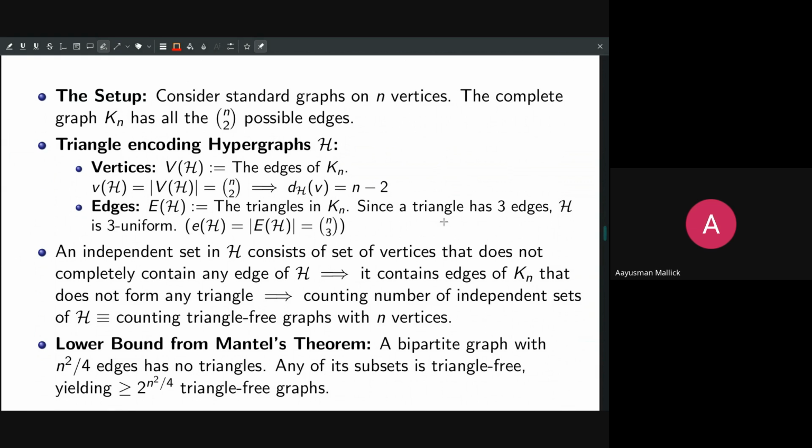At first, I need to make sure of one thing I have not written here: all possible triangle-free graphs on n vertices would always be a subgraph of the complete graph Kn, where the complete graph just denotes all possible n choose 2 edges being drawn. Do you disagree with this, or is it okay?